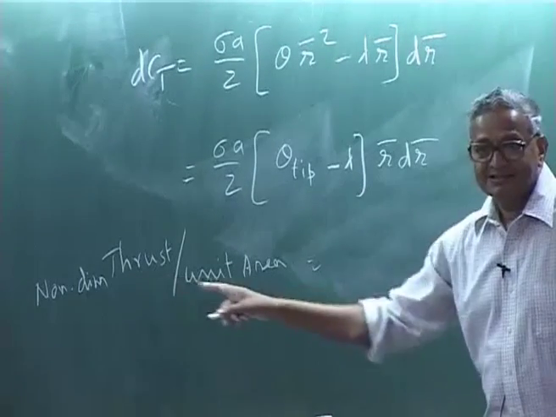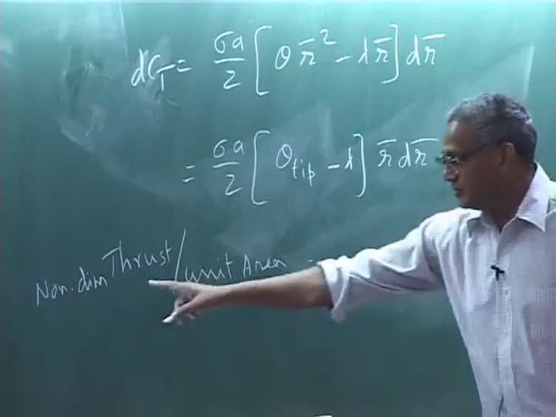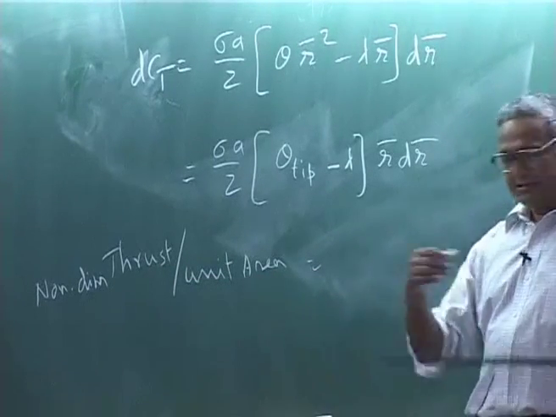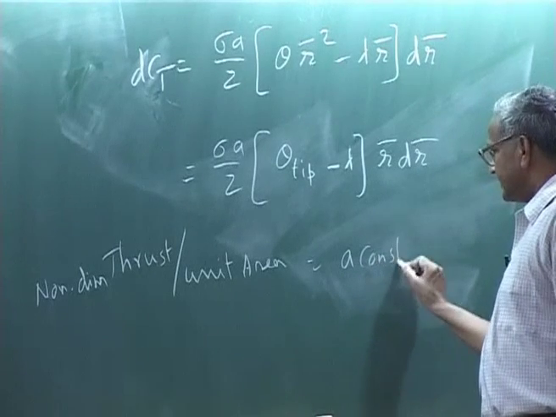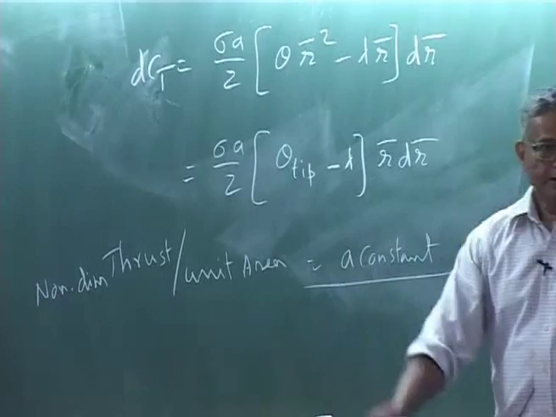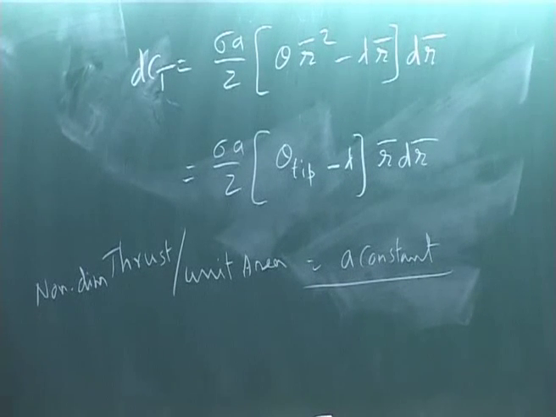That means, I get this for uniform inflow, non-dimensional thrust per unit area, which means my loading, I distribute the load uniformly. Please understand, it is not that some area I load more and some other area I load less. It is like my entire weight of the helicopter is uniformly distributed over the rotor disc. In other words, equal area supports equal weight, which is a good design, because you do not want to put some heavy load in one place and very lightly loaded in some other region.